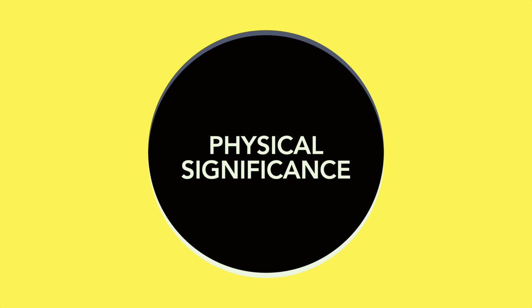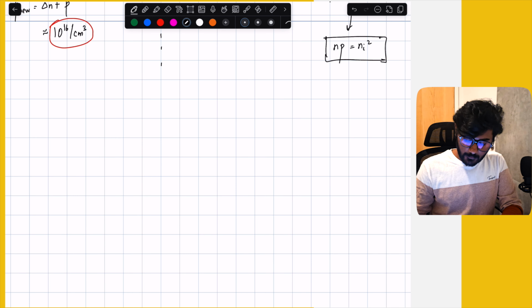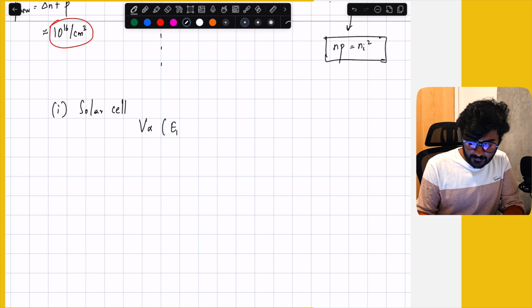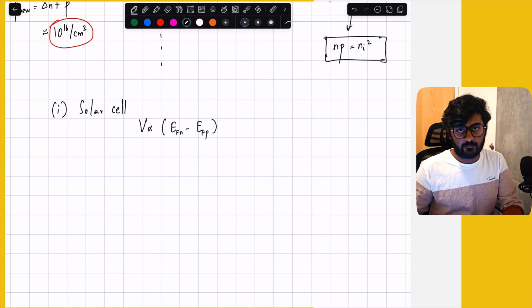Now let's try to understand the physical significance of these quasi-Fermi levels. For example, in a solar cell, the voltage that is generated is directly proportional to the separation between EFN and EFP. This directly translates to the efficiency of the solar cell. It tells us how much voltage is generated when there is sunlight on the semiconductor.